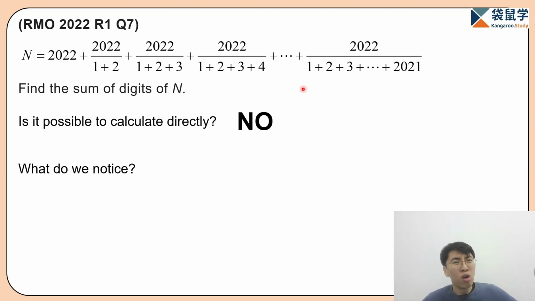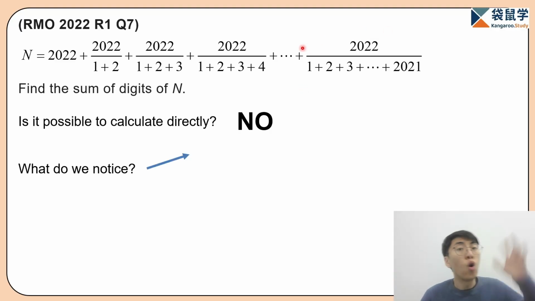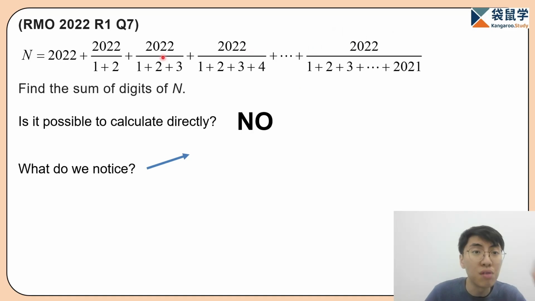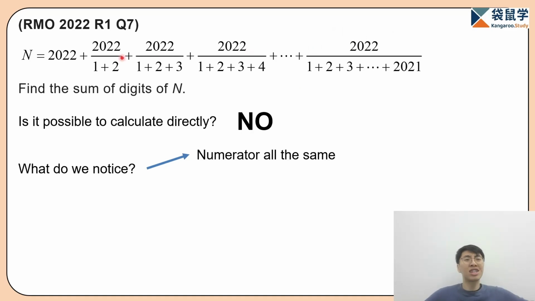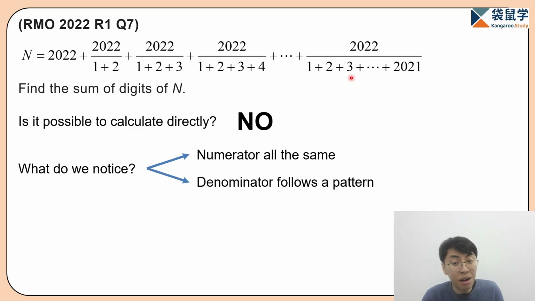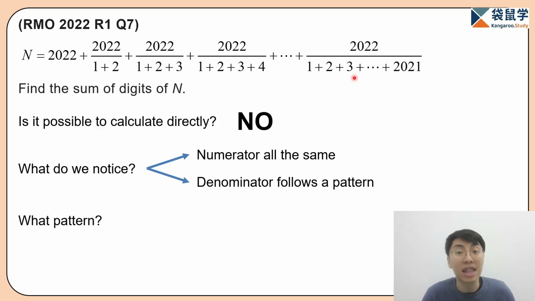We can notice that in the numerator, all of them are 2022. They're all the same. What about the denominator? This seems to follow a pattern, right? So what is this pattern that we notice for the denominator?